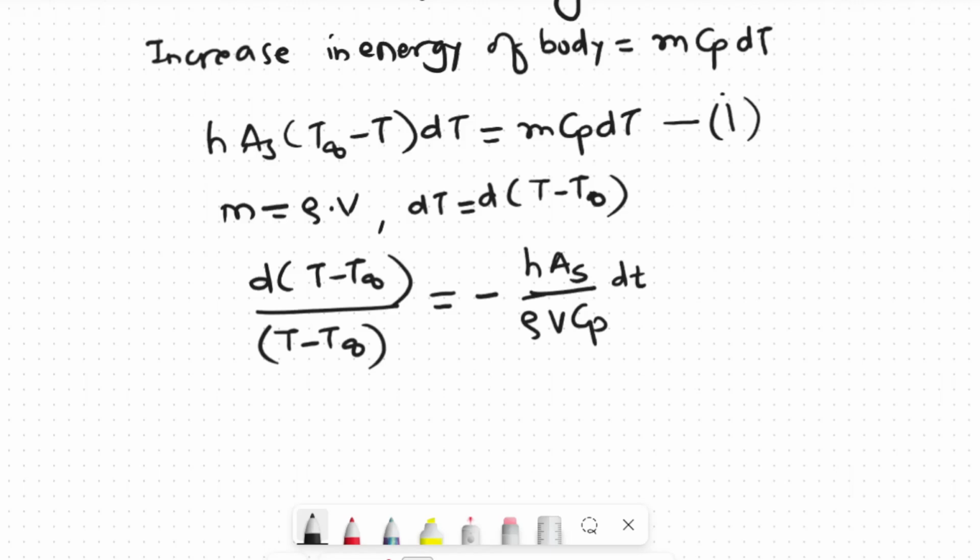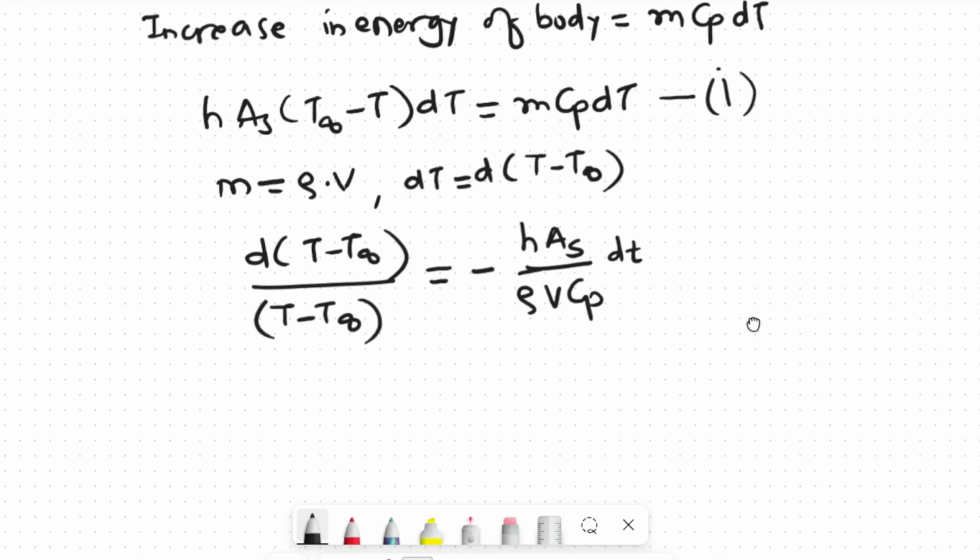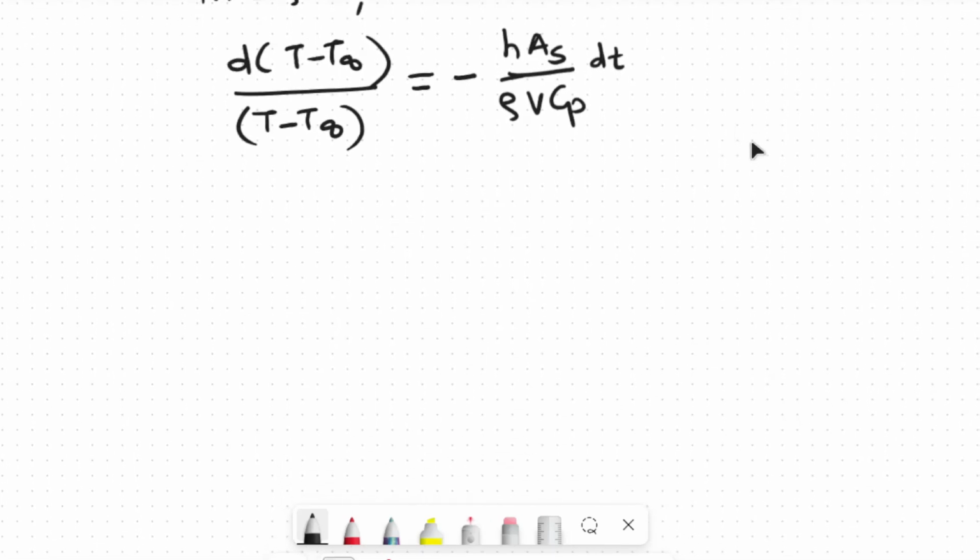Understand that the notations are as per the heat transfer books. So small t refers to the time, and capital T refers to the temperature.